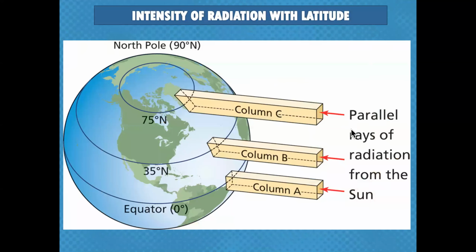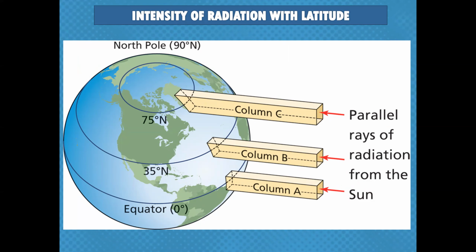Okay. All right, so intensity of radiation with latitude: 75, 35, or 0. The higher in latitude you are, the more of the atmosphere that energy has to cross. As a result, that energy is diffused, stretched out. Imagine grabbing a whole bunch of cotton and literally pulling it apart.